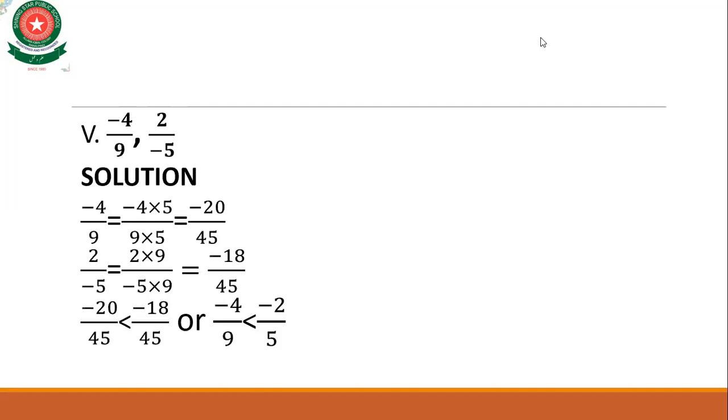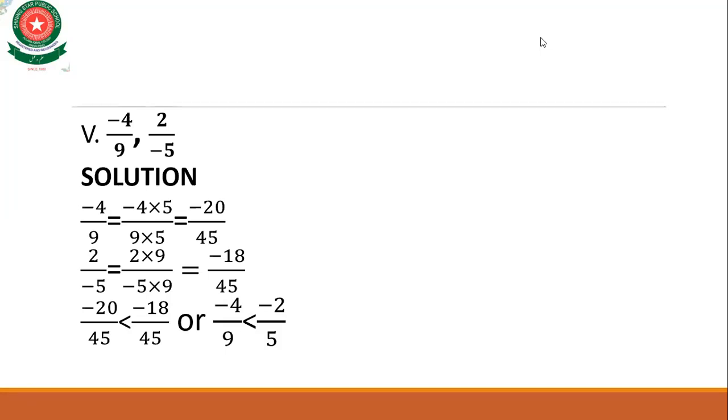And the equation will be 2 multiplied by 9 over 5 multiplied by 9. Here the minus sign is in the denominator, and now we have to put it in the numerator. So we will get minus 18 by 45.